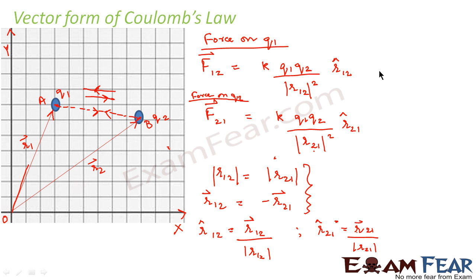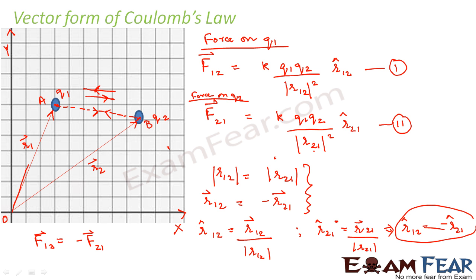So if we compare expression 1 and expression 2, you can say that F12 is equal to minus F21. That is because from this we get R12 is equal to minus R21. So using this, we conclude this.